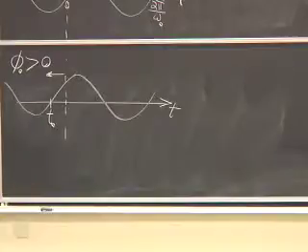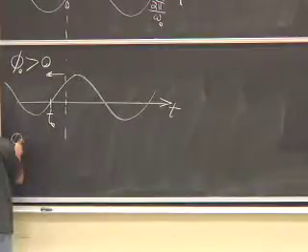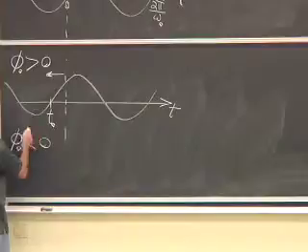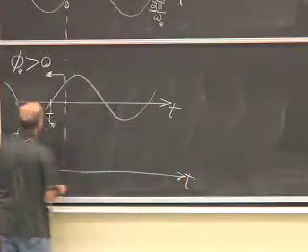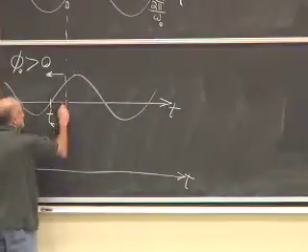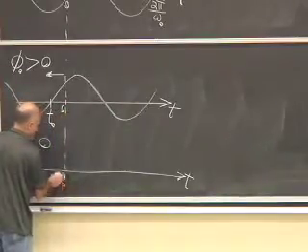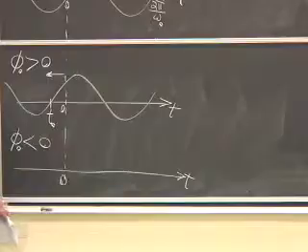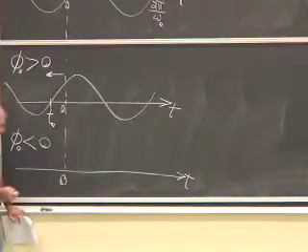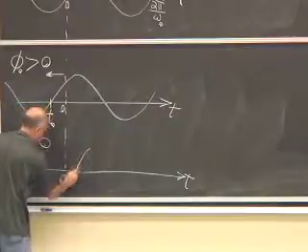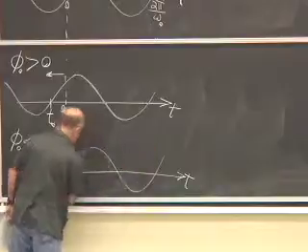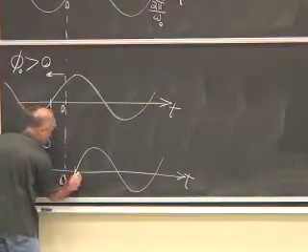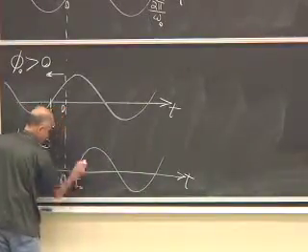Let's do the case where phi naught is less than 0 also. So this is 0. Now what do you think happens? Shifts to the right. So the first 0 crossing is now to the right of 0, and call that T naught.